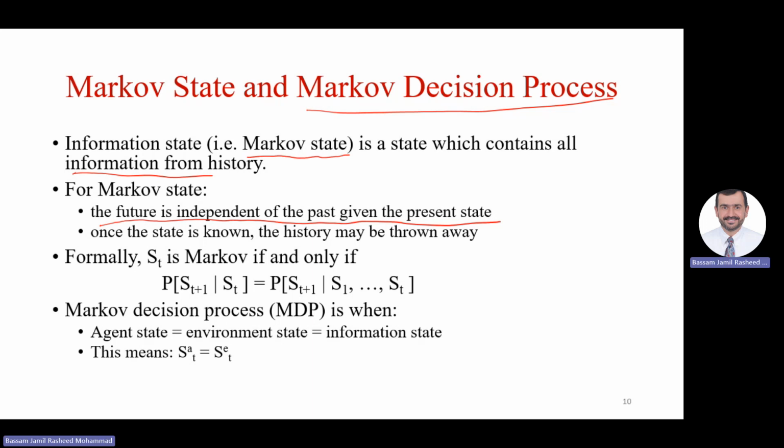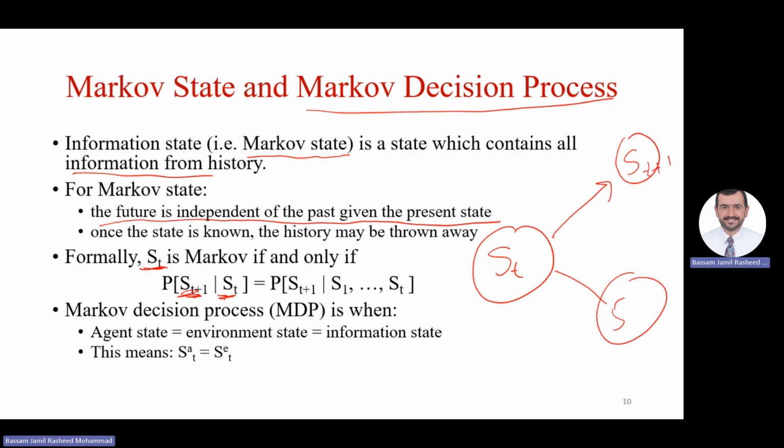Okay, so formally we say that if we are in state ST, what is the probability we will go to, let's say, ST plus 1, or ST plus 1 prime here.